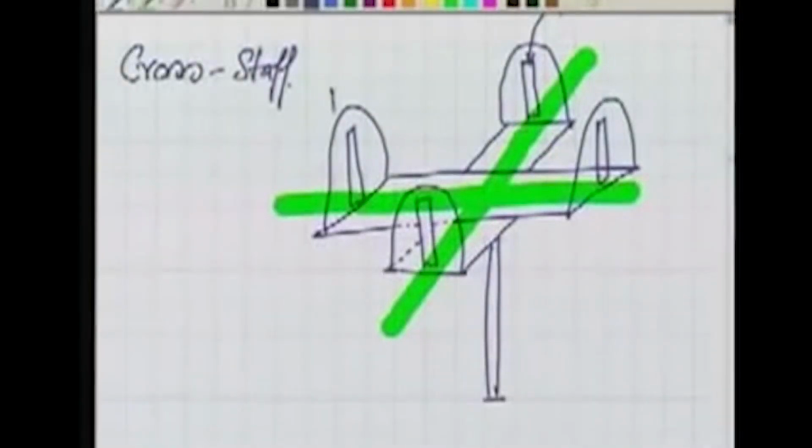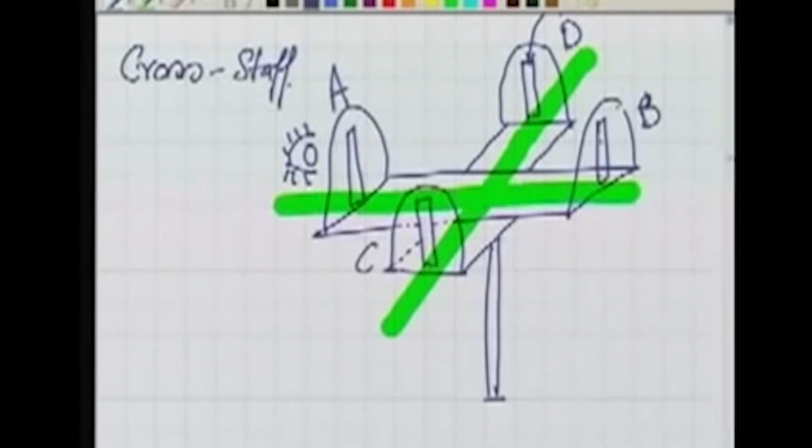Suppose I am standing at any point with this instrument, looking through one slit. Let us name the slits A, B, C and D. I am looking through slit A at B, so my line of sight is AB.